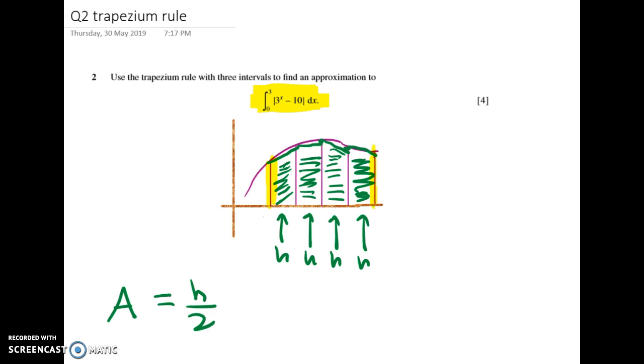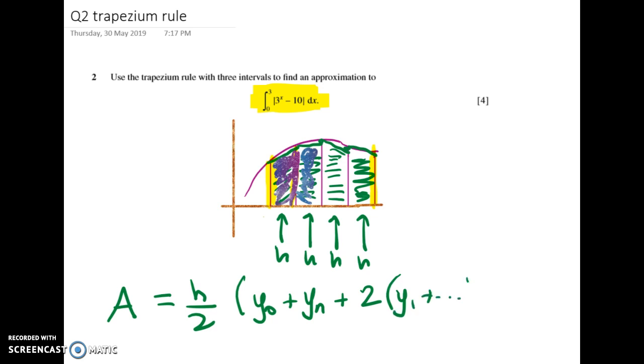But if you look at these ones in the middle, this one here goes with this trapezium, but it's also the left-hand wall for this trapezium. So it's going to go in twice, and that's where the formula comes from, right? So it's the 2 end values in once plus double all of the ones in the middle.